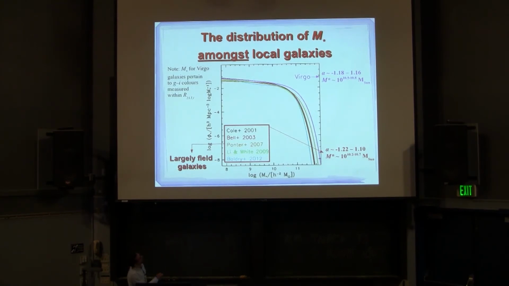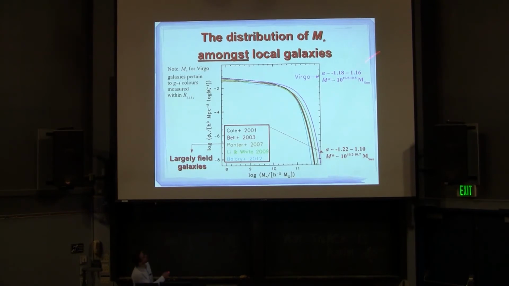Then when we compare the parameters that we get for our Virgo mass function, we see that the dwarf regime seems to be reproduced both in the cluster environment as well as largely field environment. I should have mentioned that these studies largely target the field.